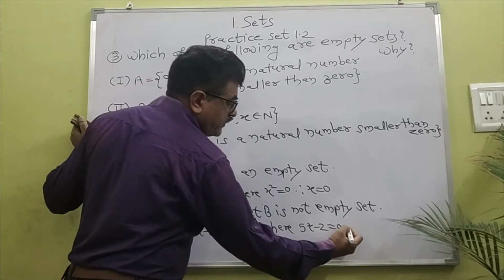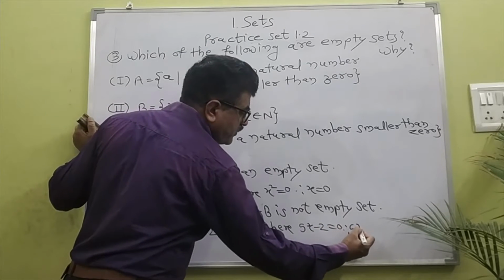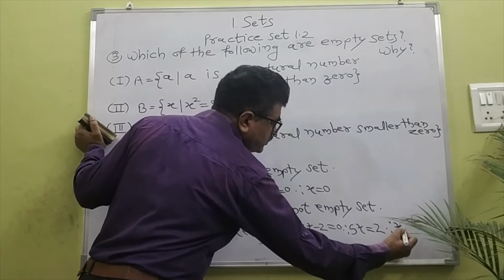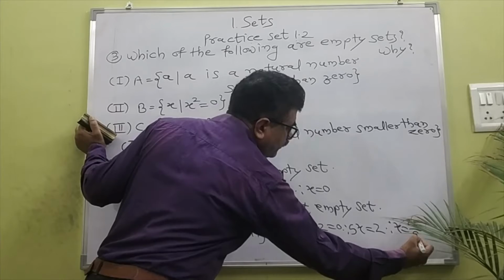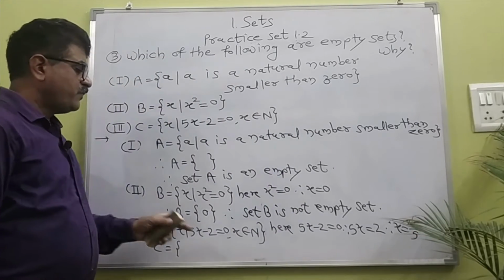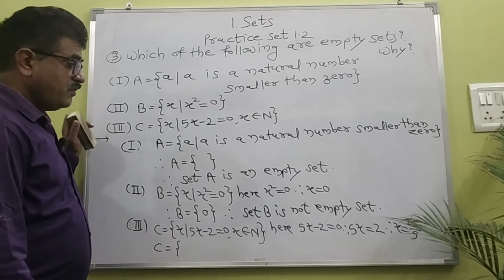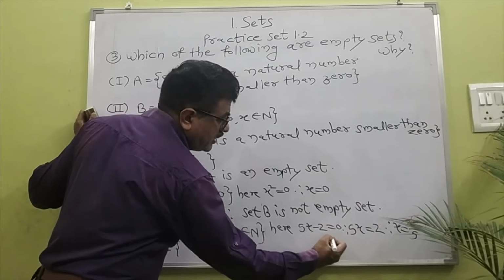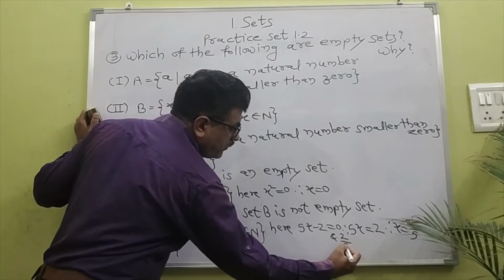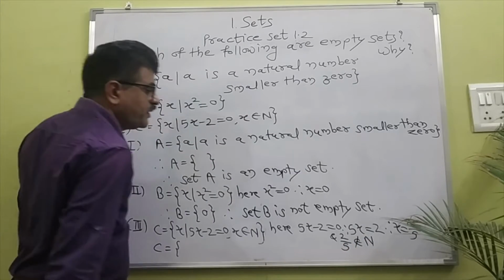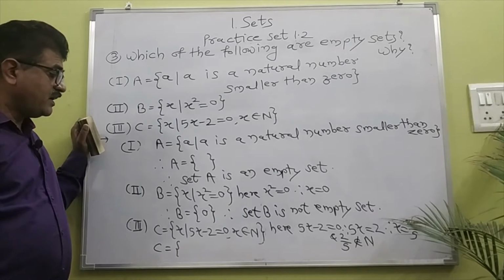Therefore, 5x is equal to plus 2. Therefore, x is equal to 2 upon 5. And 2 upon 5 is not a natural number, 2 upon 5 does not belong to N. Natural number आहे का? नाही.